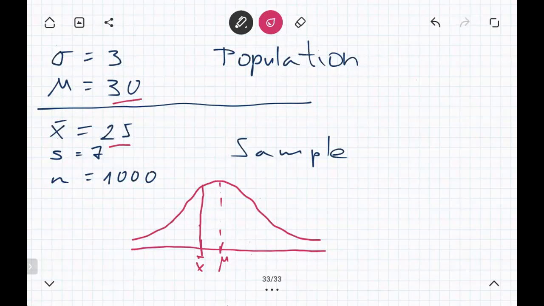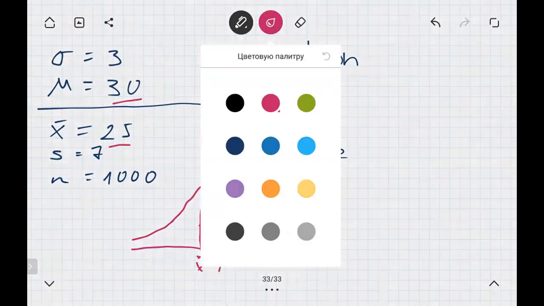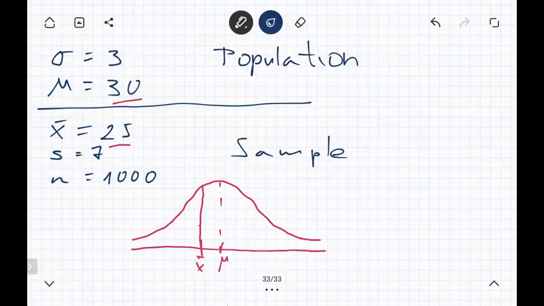Last time we talked about the confidence interval, right? When you have the sample mean, you build a confidence interval. You find the standard error and you say, okay, the true population mean should be between x plus sampling error and x minus sampling error.